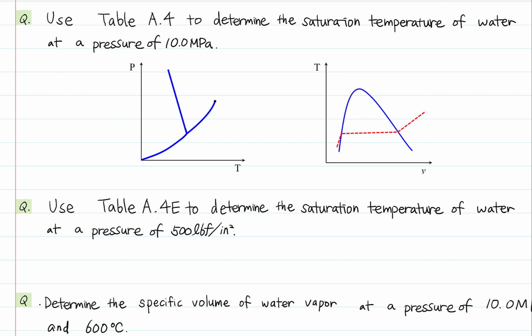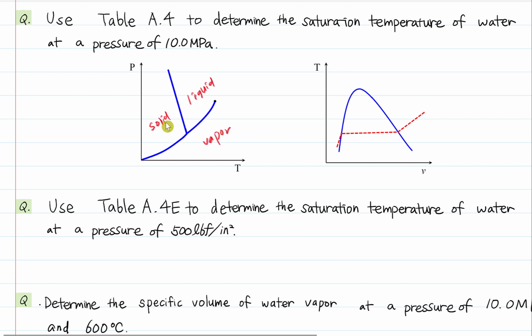So on the PT diagram or phase diagram, there are three lines. The lines indicate the two-phase mixture. So here we have solid, liquid, and vapor. And this line separates solid and vapor.